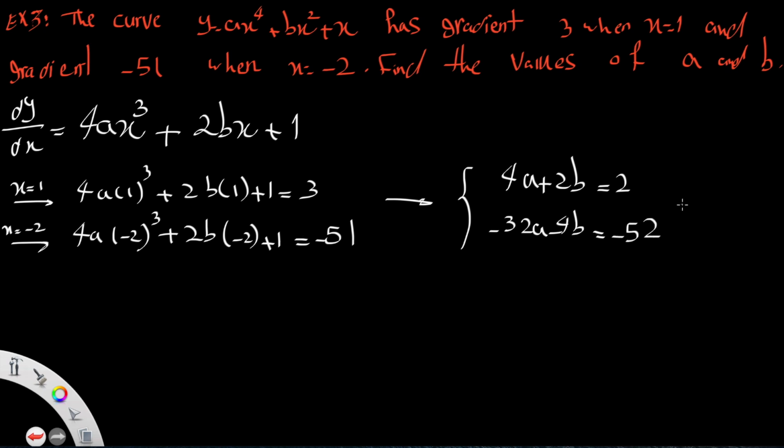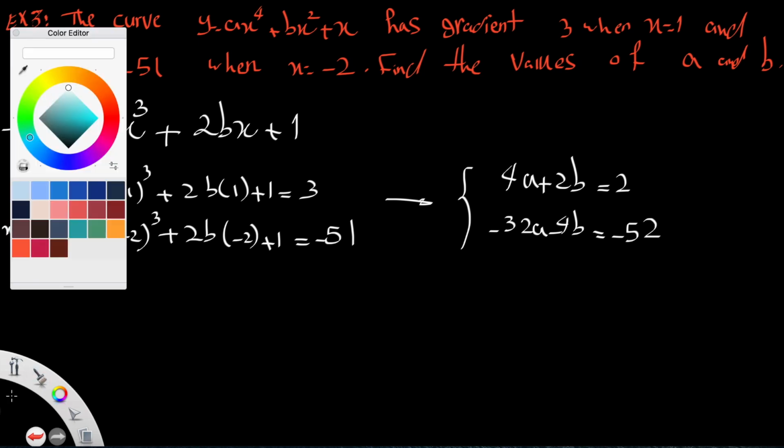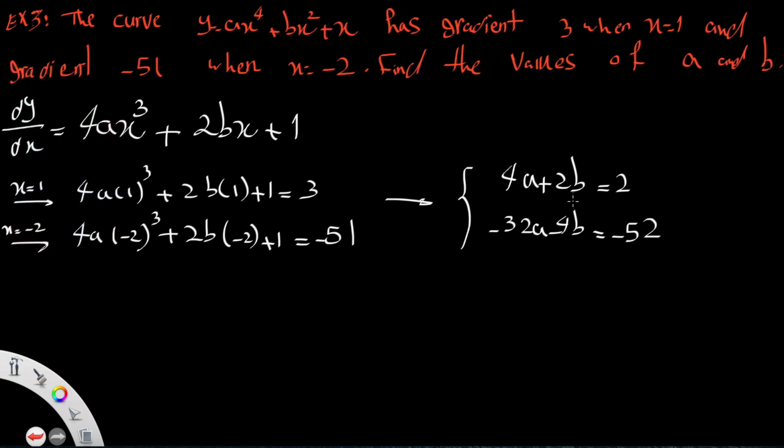The first one can be multiplied by 2 to have the same coefficient for b to get rid of b. As you see, you have a pair of simultaneous equations. So I multiply the first one by 2. It would be 8a plus 4b is equal to 4, and negative 32a minus 4b is equal to negative 52.